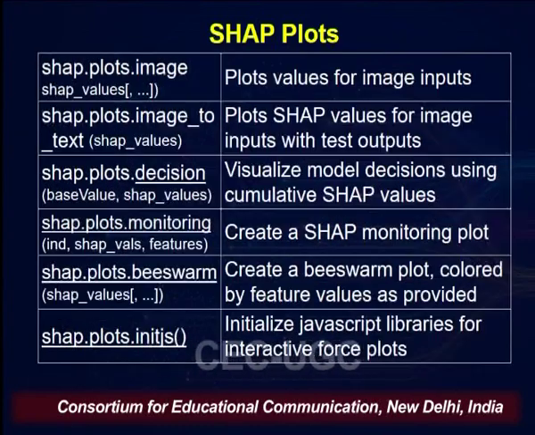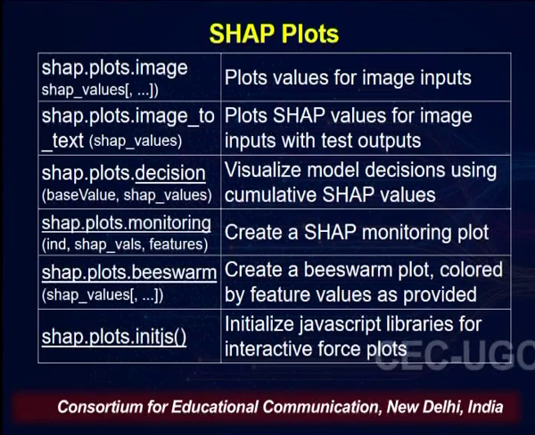Some more plots are associated with image analysis. So, image plots, if you have an image input, then how the detection of a particular image for a particular class works, say if we have images of all the pets and we want to segregate which is a domestic animal, like which is a cat or a dog or a rabbit.